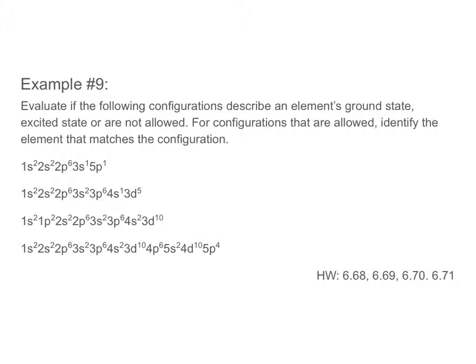Okay, then we also have these last couple of examples in terms of trying to evaluate whether or not these electron configurations are in the ground state, or if they're in the excited state, or if they're not allowed. Well, let's talk about the ground state and excited state first. So ground state means that all of the electrons are in their most stable arrangement.